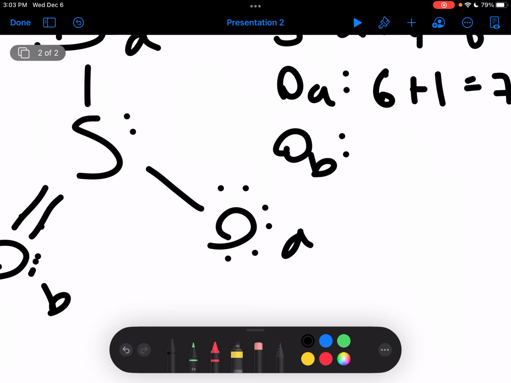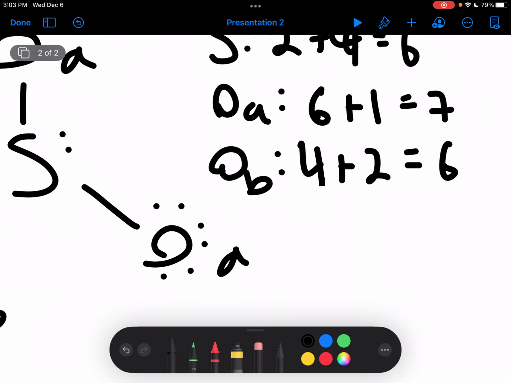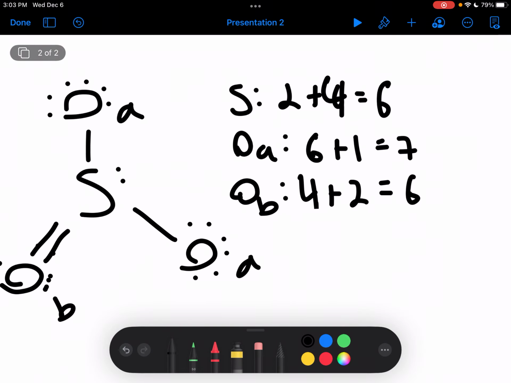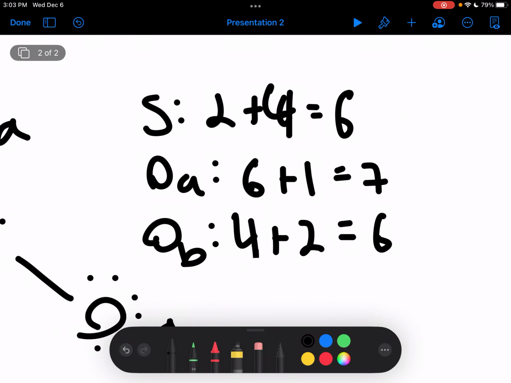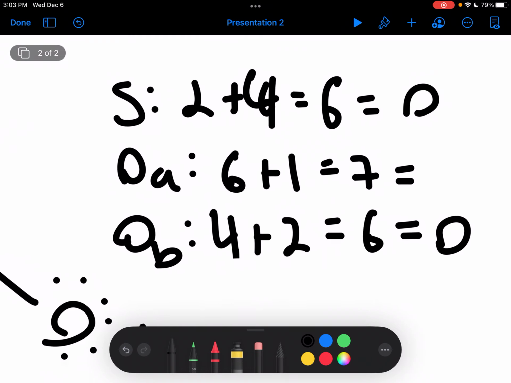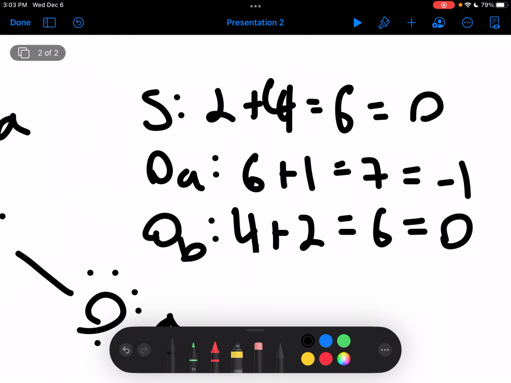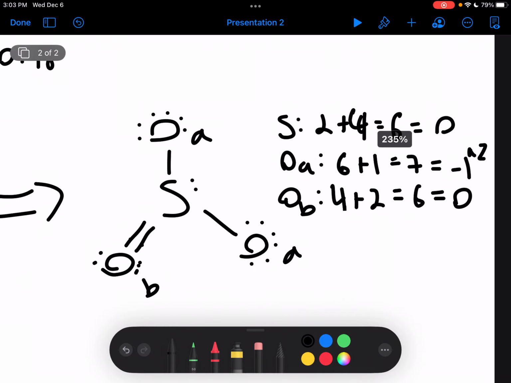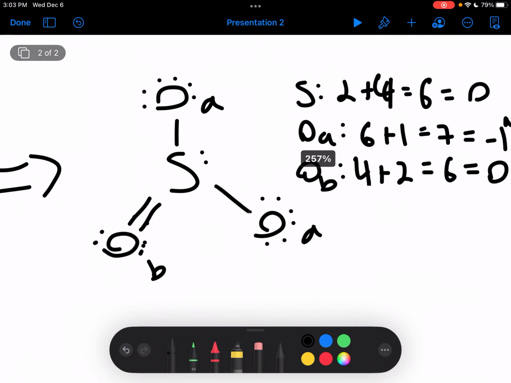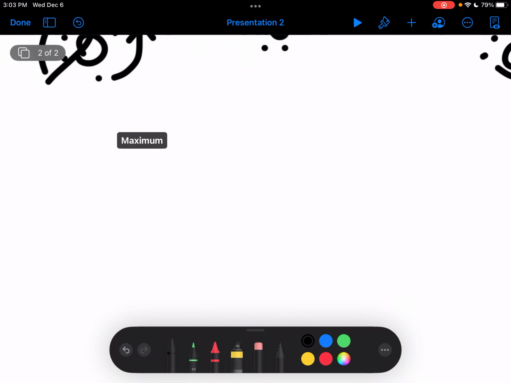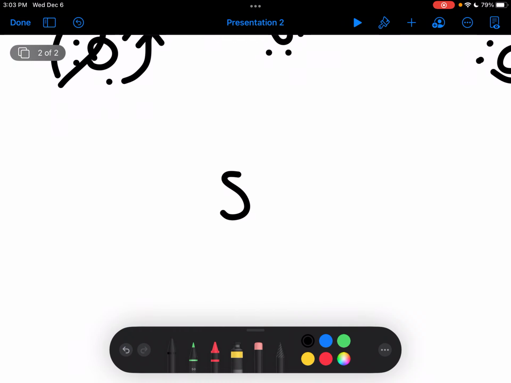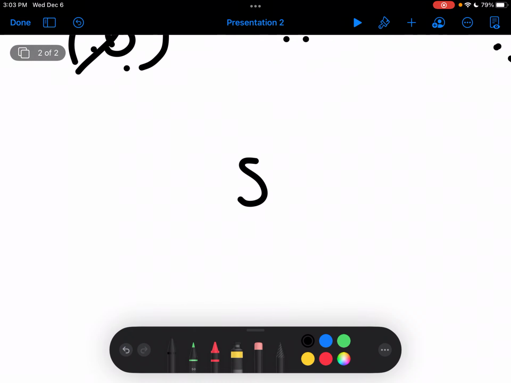So it's going to be 4 valence electrons and 2 bonds, which equals 6. So these should show you that this sulfur has a 0 charge and this oxygen has a 0 charge, while this oxygen has an extra electron, so it's going to be a -1 charge. However, since there's 2 of those, you just multiply that by 2. There's 2 oxygen A's. And that's exactly what gives the sulfite ion that -2 charge.